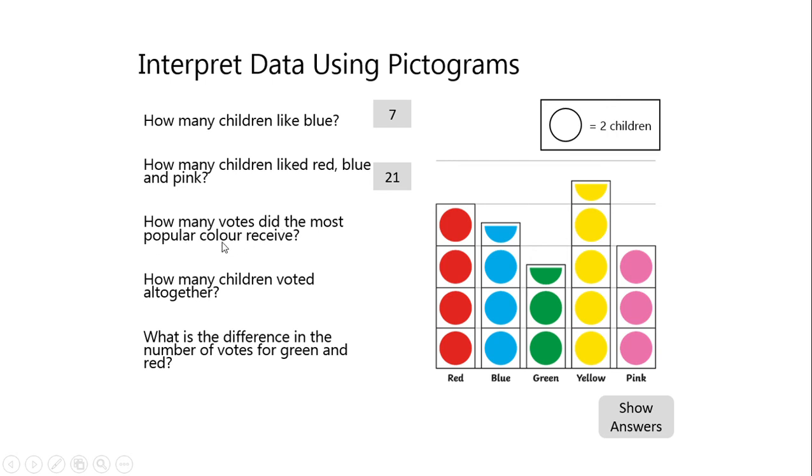How many votes did the most popular colour receive? It's really easy to see because we look at the tallest bar here with the pictures on. And we will see that it's 2, 4, 6, 8, 9. How many children voted altogether involved adding up the total of children who voted for each colour, which is equal to 35.